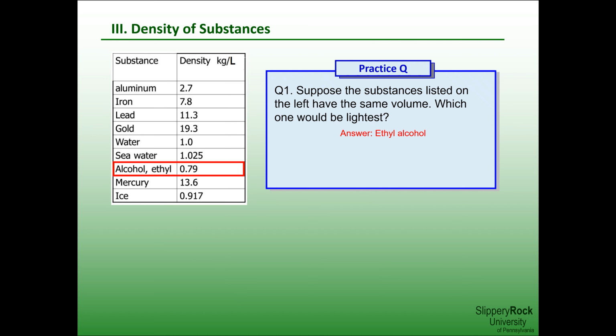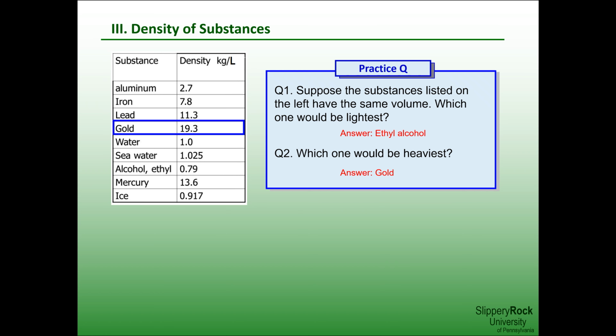Now, which one would be the heaviest for the same volume? We look for the highest density, which is 19.3 kilograms per liter, the density of gold. Gold is extremely dense, which is why even a small chunk feels very heavy. This comparison highlights how density directly influences how heavy or light a material feels when the volume is kept constant.